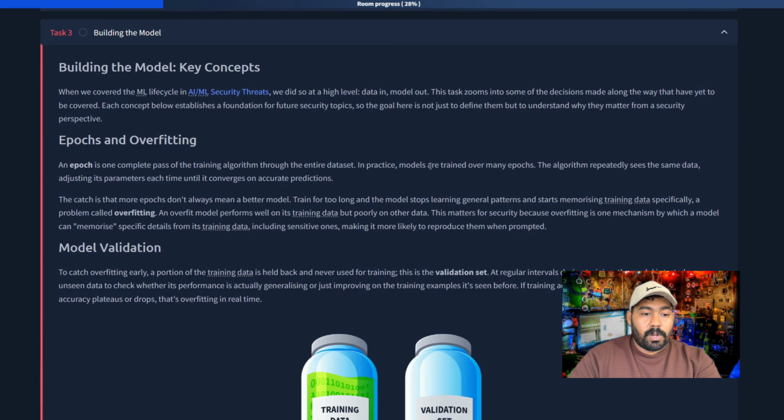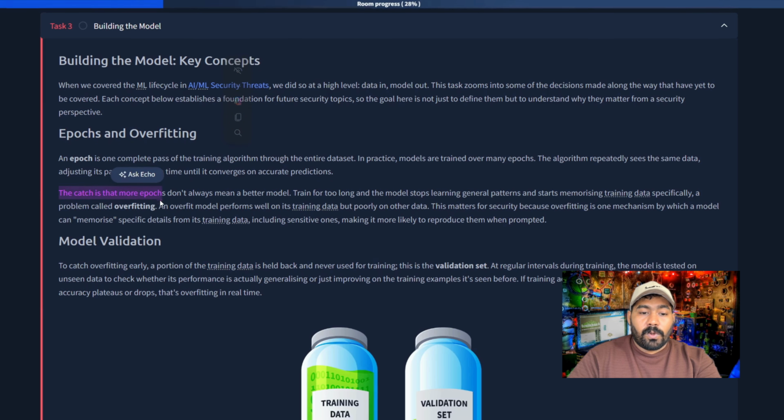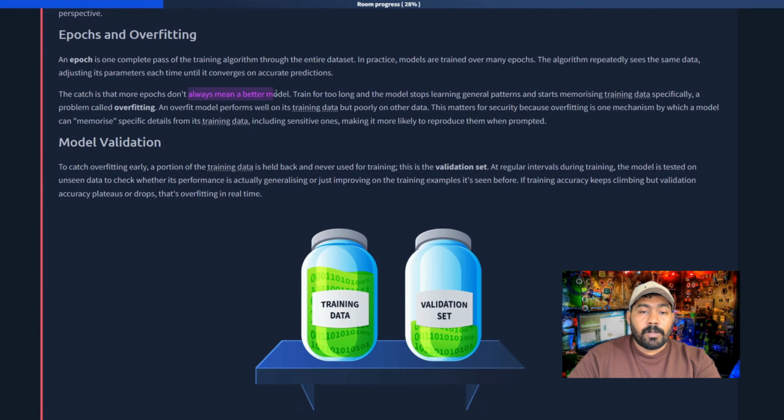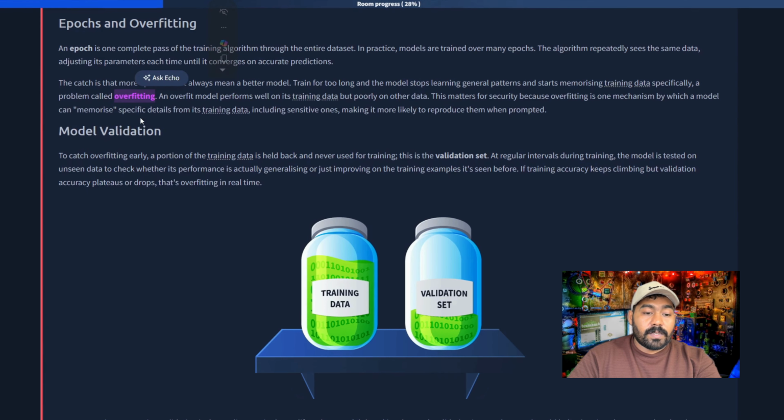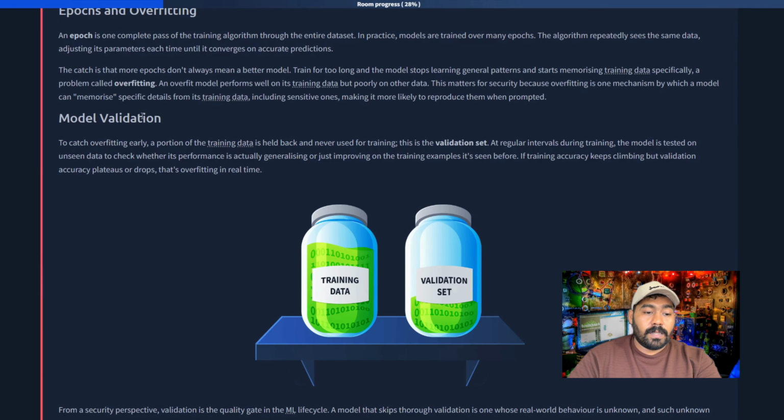But here is the problem. The catch is that more epochs don't always mean a better model. Train for too long, and the model stops learning general patterns and starts memorizing training data specifically, a problem called overfitting.